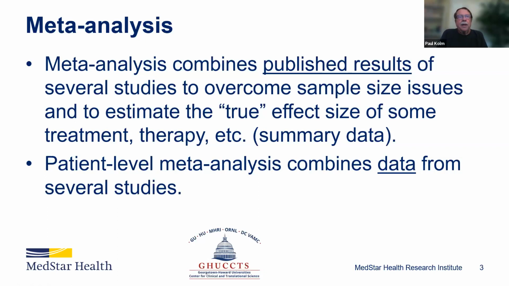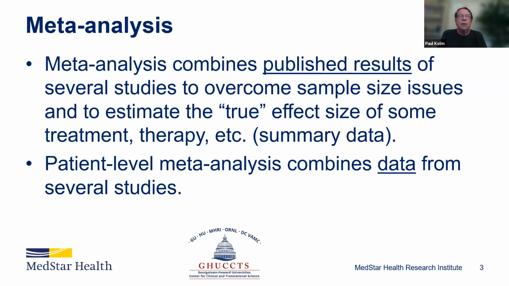Another type of meta-analysis that's done is actually using patient-level data. And so you might have the situation where you have several studies, but you obtain the actual patient data from each study, and combine those studies to do a meta-analysis.